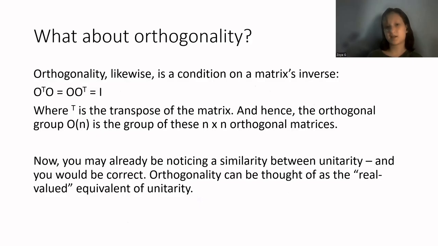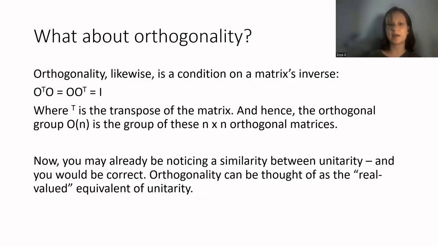Orthogonality, likewise, is a condition on the matrix inverse as well, where O transpose O is equal to O O transpose is equal to the identity. And hence, the orthogonal group ON is the group of these n by n orthogonal matrices. Now, you may be already noticing a similarity between unitarity and orthogonality, and you would be correct.